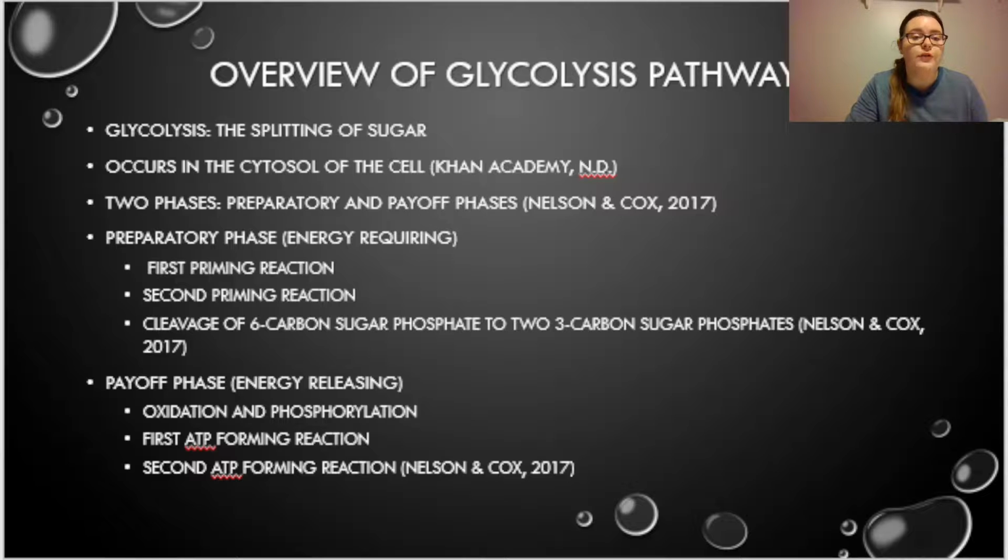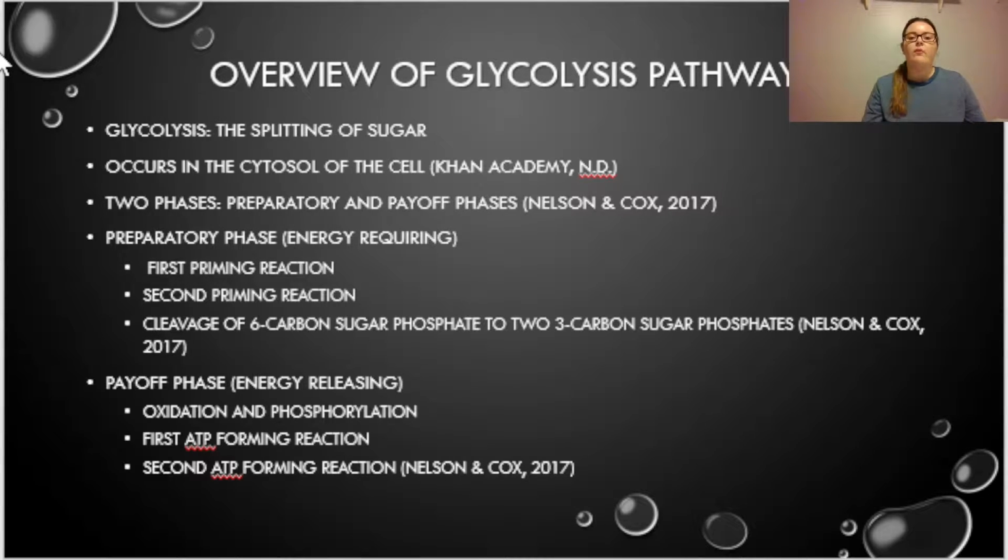So as an overview of the glycolysis pathway, glycolysis means the splitting of sugar. So we're going to take a sugar molecule, which is known as glucose, C6H12O6. We're going to split it. It's going to be degraded in a series of enzyme-catalyzed reactions to yield something called pyruvate. And pyruvate is a molecule that contains 3 carbon atoms.